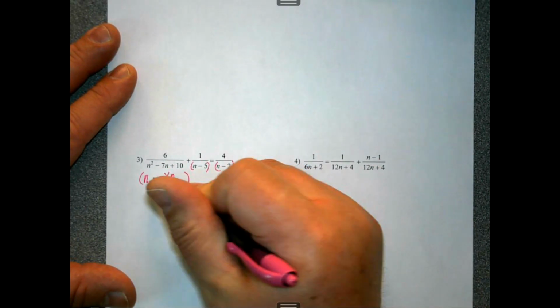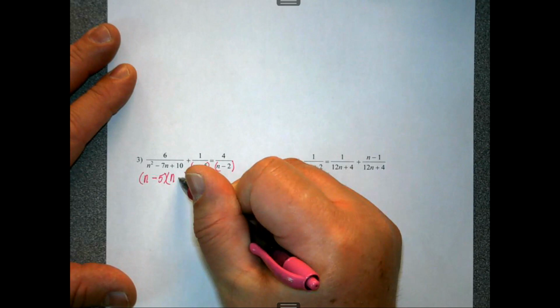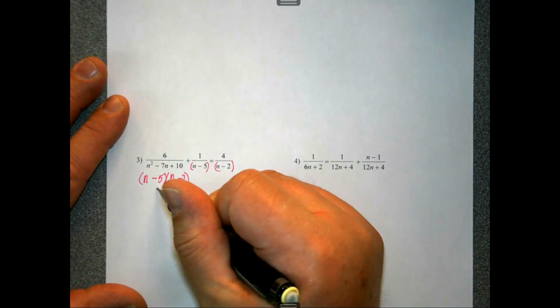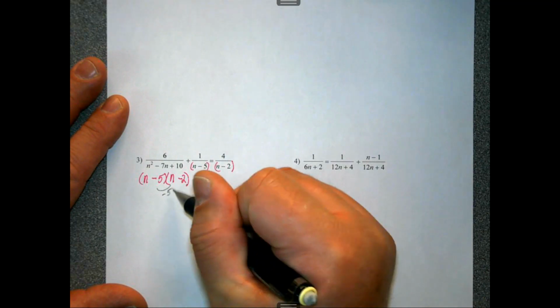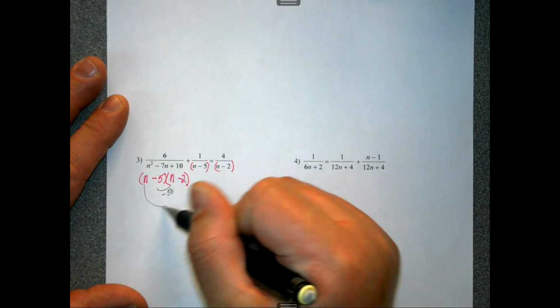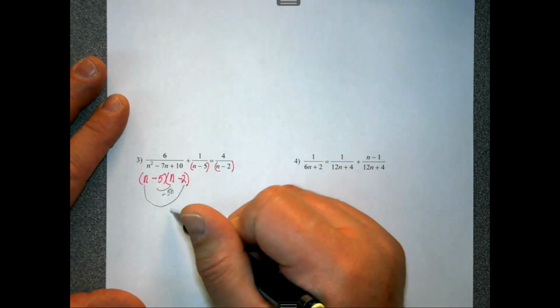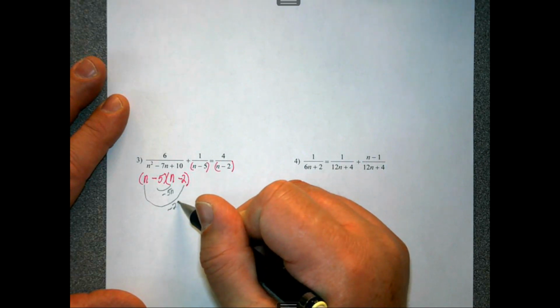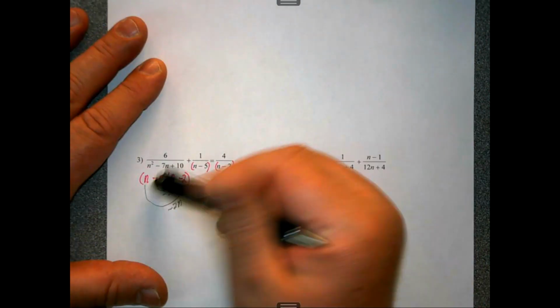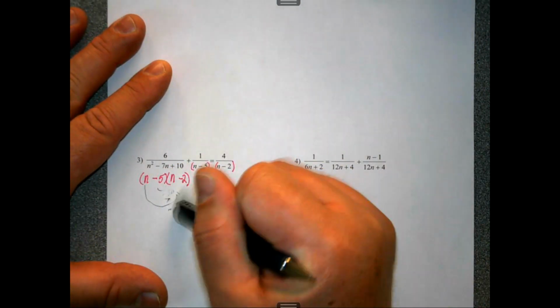I'm going to put a minus 5 here and a minus 2 here. And if I use my little arches, I got a negative 5n. You probably don't even need to do this. Negative 2n, and guess what? They add up to negative 7n. So there's a shortcut for you. That's your LCM.